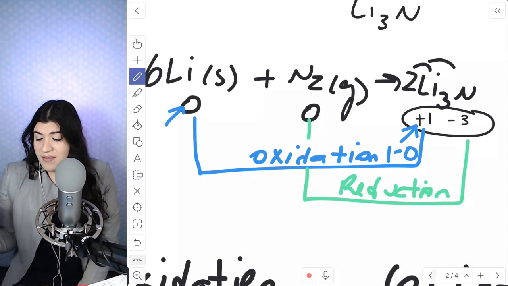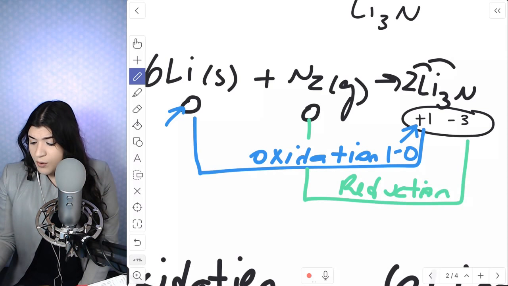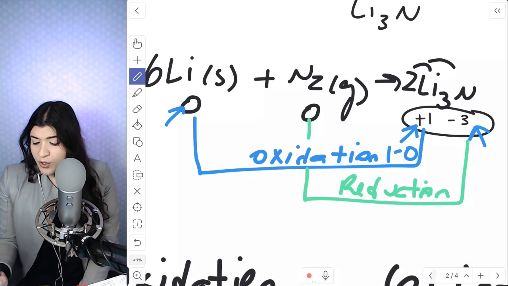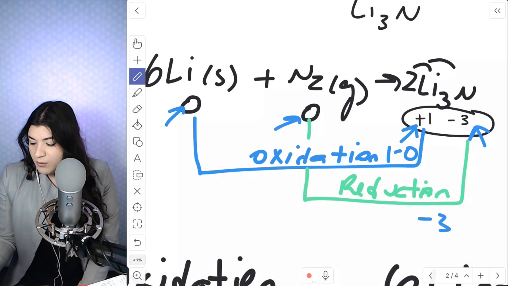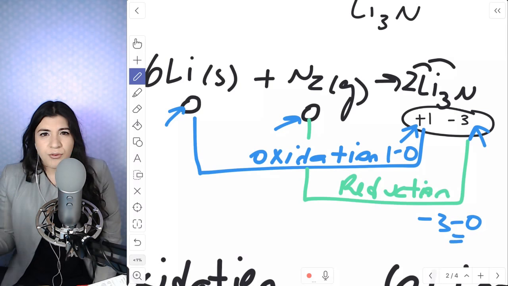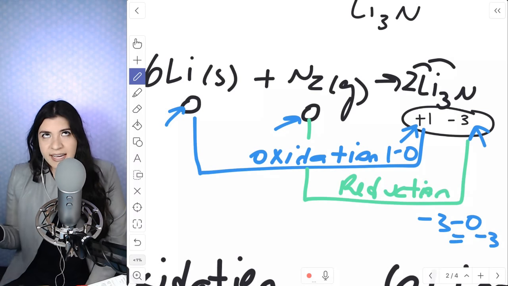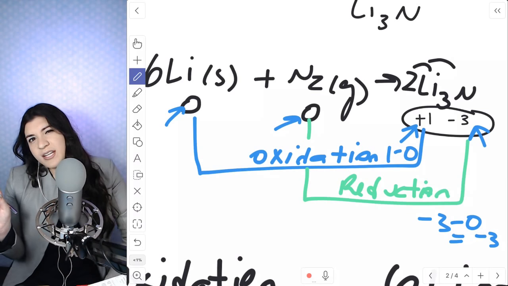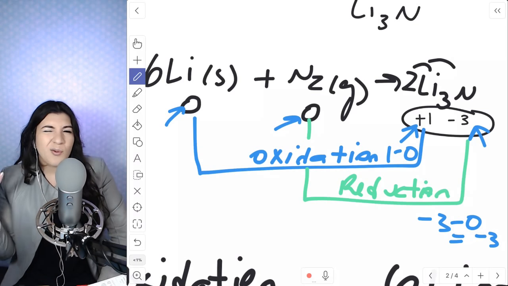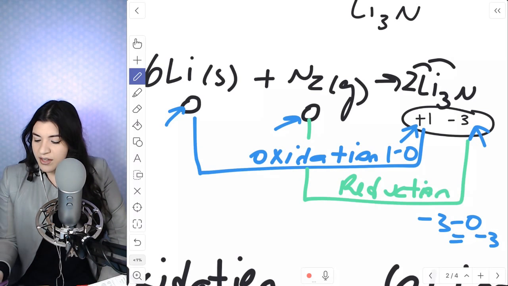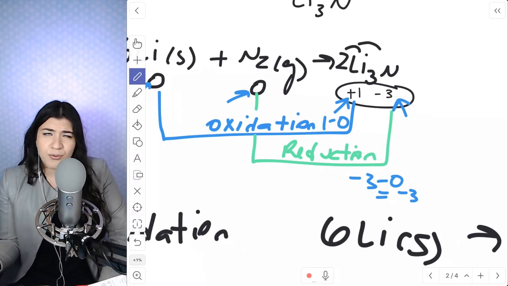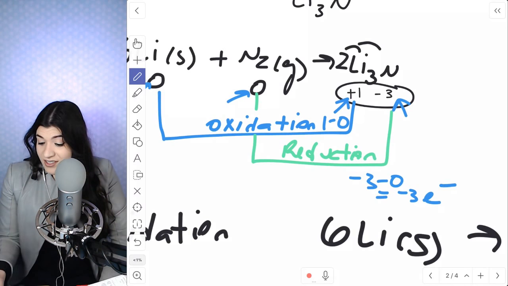And then now looking at reduction, where we started with a -3 and we're going to 0, that would give us -3 or just 3 because we gained electrons. And that's why you're thinking of it as negative. I wouldn't say to focus too much on that negative. It's just to see what our number is. So that's telling us how many electrons were gained. So 3 electrons. And that's what I have to add to these half reactions.